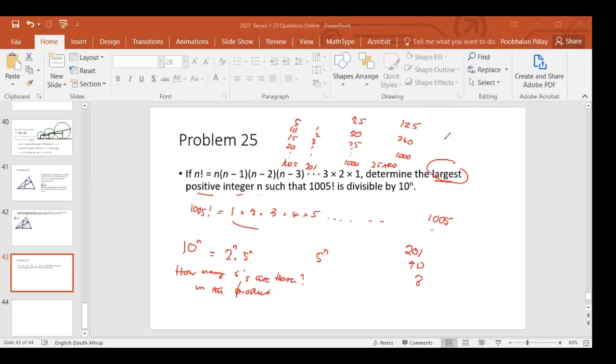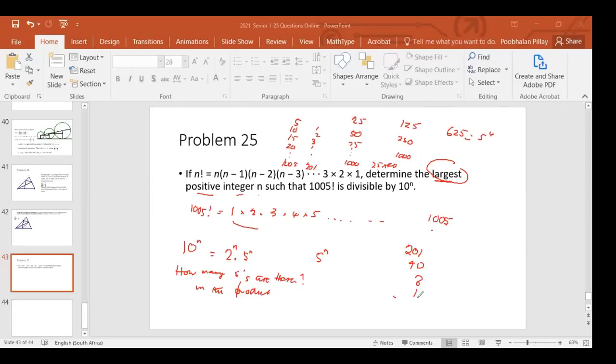And if you multiply this by 5, you get 625, so 5 to the power of 4. One of them has got 1 extra 5 in it, and that's the only one which has got 4 5s in it. Because after that, when you take multiples of it, they are more than 1005. You only need to go up to 1005.